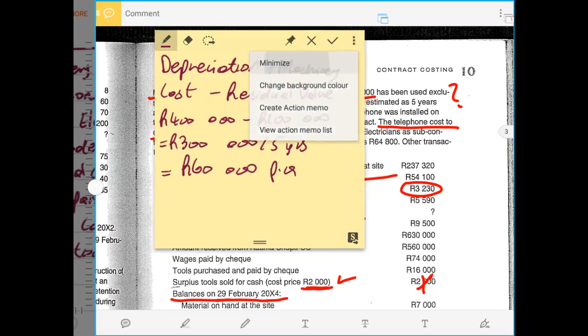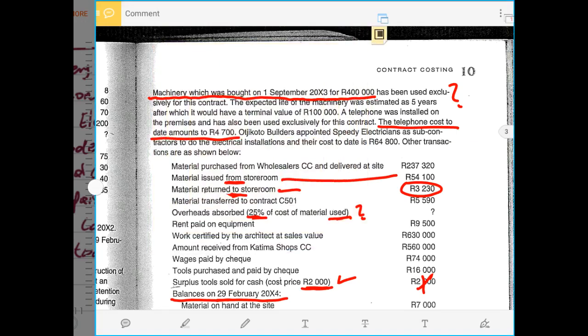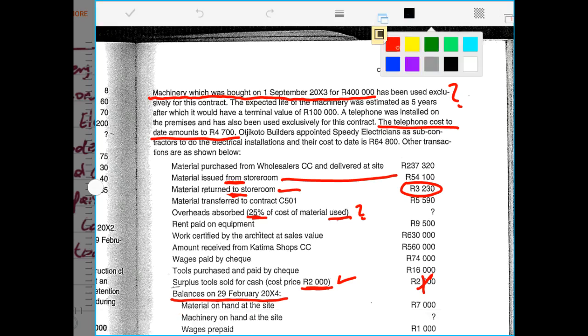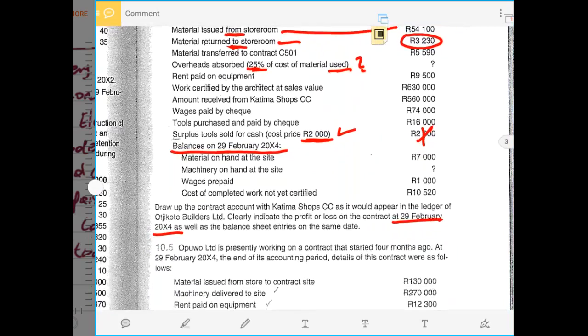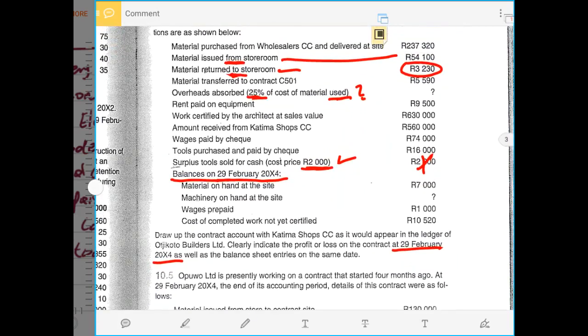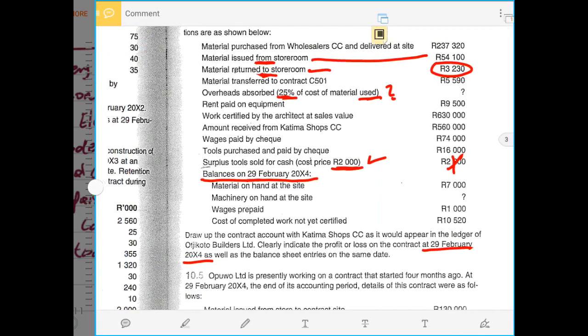Now let us check for how many months we must account for the depreciation. Remember, this equipment was in the business from the 1st of September 2003, and we are doing the contract account, and now we are calculating the carrying value on the 28th of February.